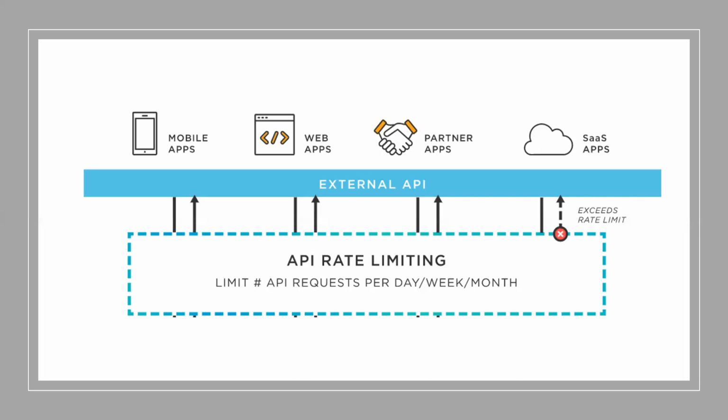Sometimes it happens that when you make multiple hits on a service, it may send you a response saying the service is not available right now. This is called a denial of service attack. So rate limiting helps protect us from denial of service and bot attacks.